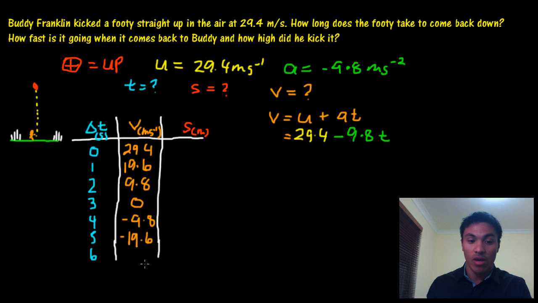And at time equals 6, we take away another 9.8 meters per second, so it's going to be negative 29.4. That's quite interesting. He kicked it up at 29.4 meters per second, and after 3 seconds it stopped.